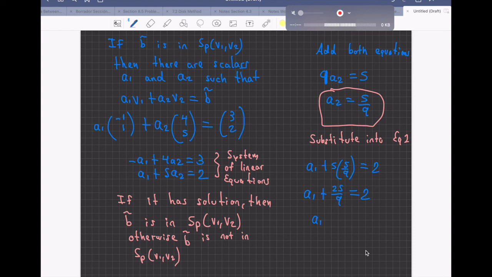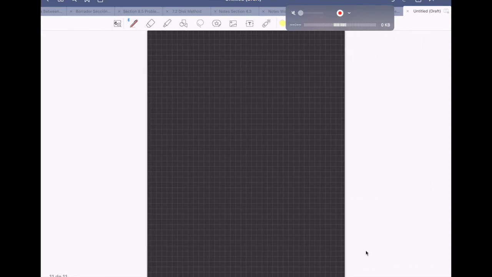So this implies that A1 is equal to 2 minus 25 over 9. And this implies 18 minus 25 over 9, that is A1. So A1 is equal to negative 7 over 9. So yes, it has solution.